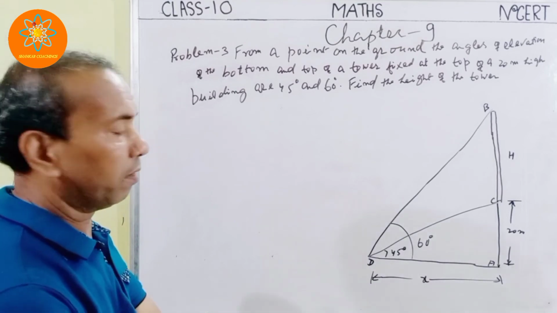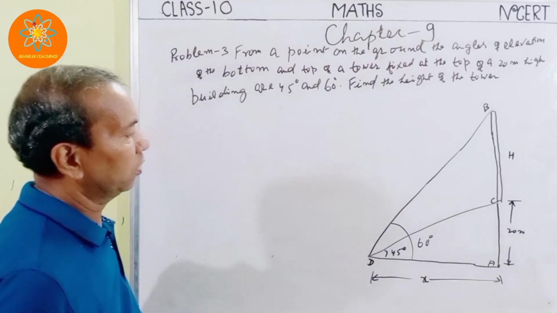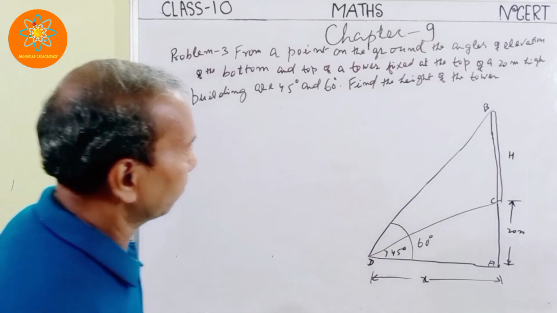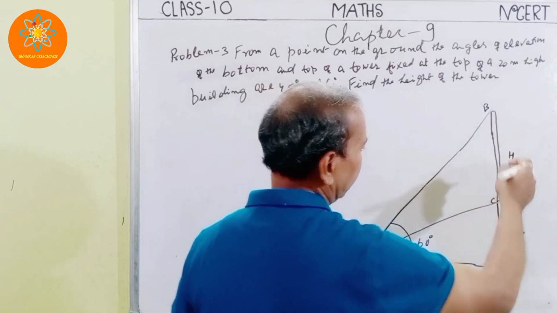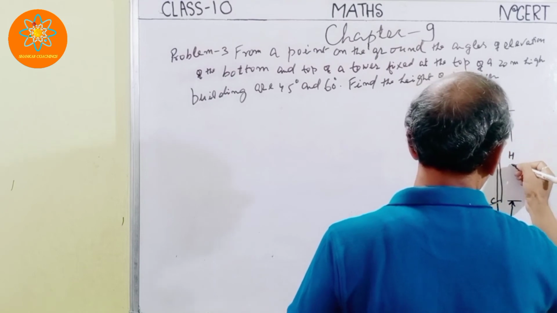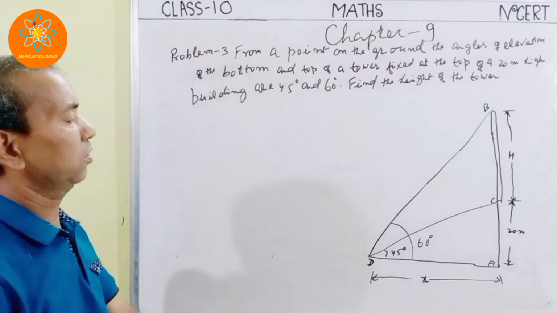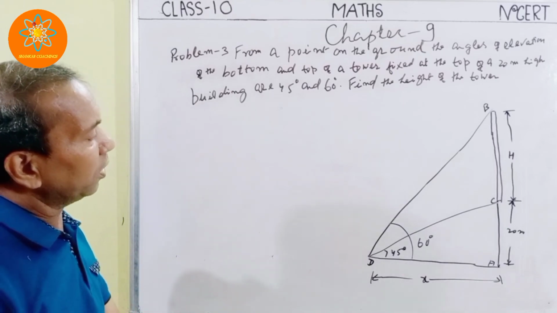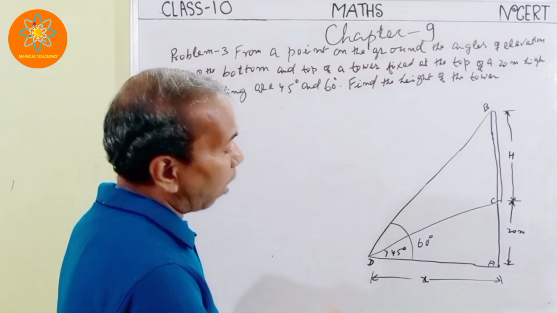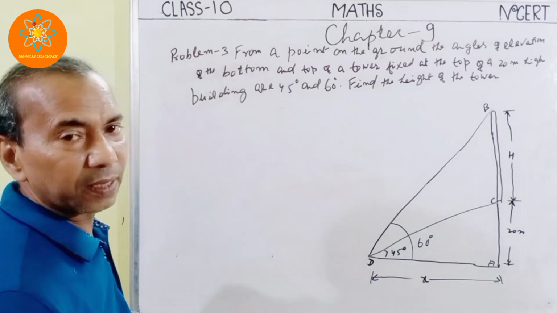So again, if you want to solve this problem, we have to search for the right angle triangles. Here h is the height of this tower that you have to find. Our first aim is to find how many right angle triangles are there, and on the basis of that we will make the calculation.